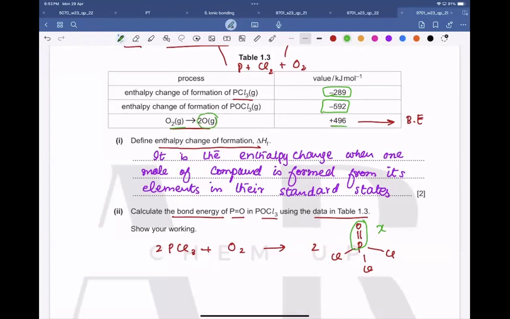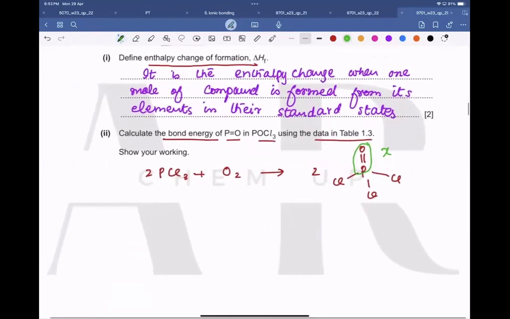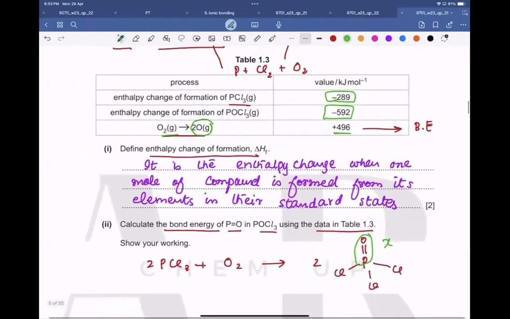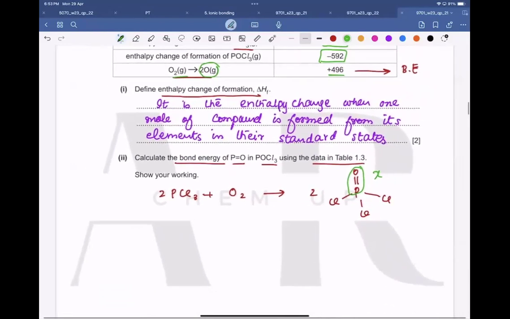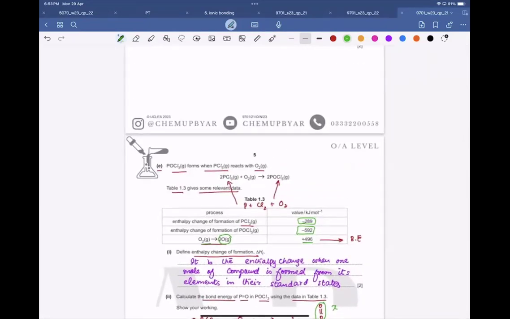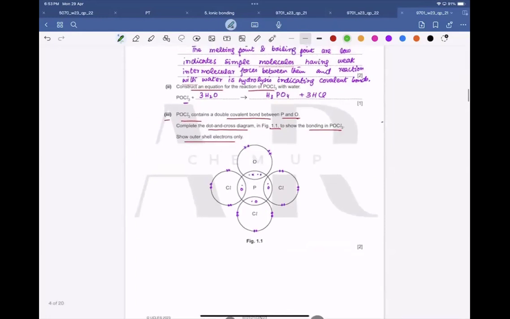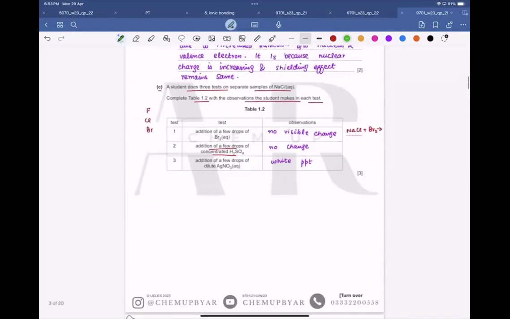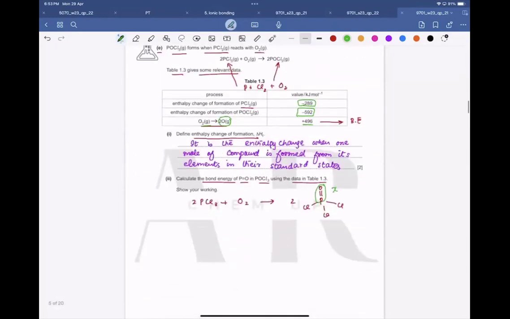That is 496. Okay, look over here. They didn't give you any other value, right?